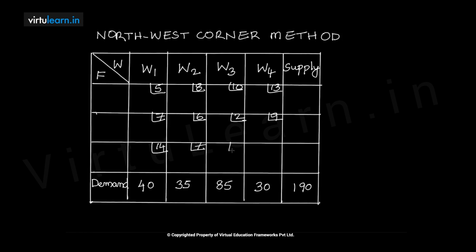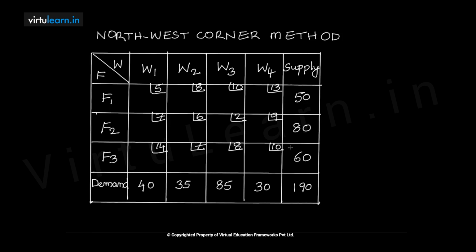For example, in this problem, the transportation cost from factory 1 to W1 for 1 unit is 5 rupees, and from factory 1 to warehouse 2 it is 8 rupees per unit, and similarly F1 to W3 it is 10 rupees, and F1 to W4 it is 13 rupees.